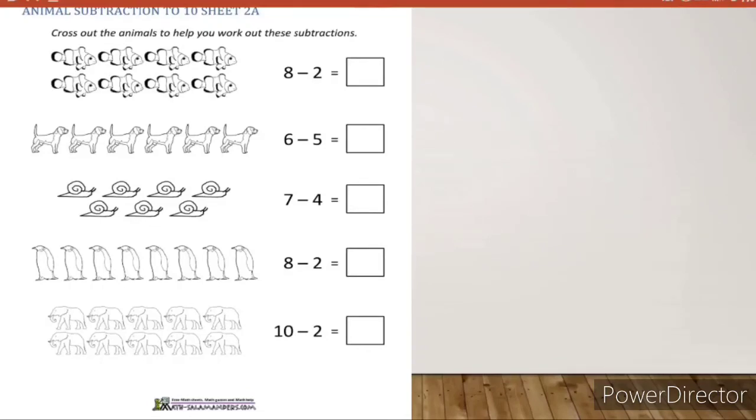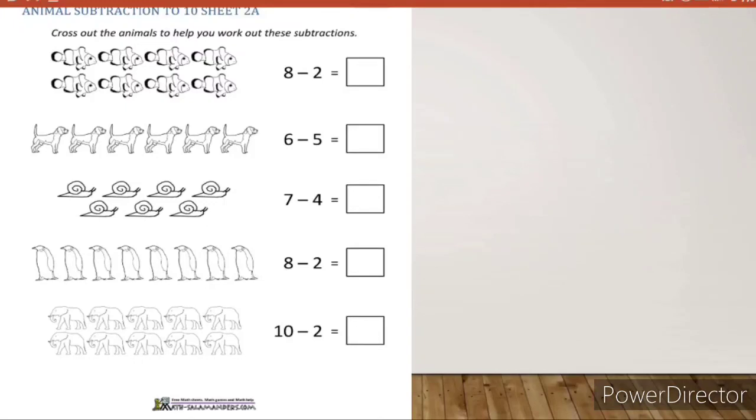All right, on the bottom there, we see some penguins. Oh, it looks like a lot. 1, 2, 3, 4, 5, 6, 7, 8 penguins. The math sentence says 8 minus 2 equals. So we're going to take away 2 of those 8 penguins. Circle 2 of them. How many do we have left? Awesome. Write that number in that square.